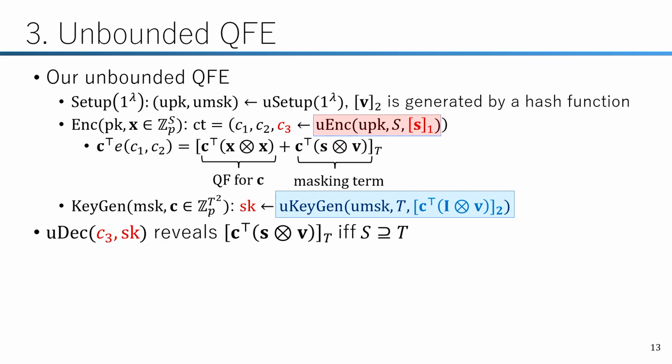Then in decryption, we can reveal the masking term if and only if S and T satisfy the condition. This means that the quadratic function value is also revealed if the condition is satisfied.